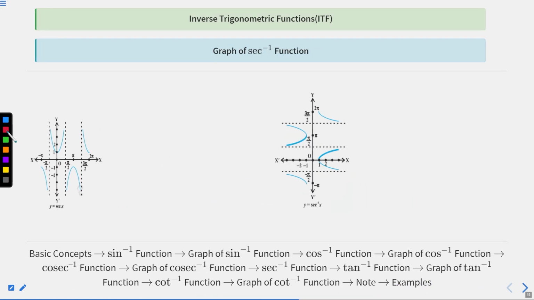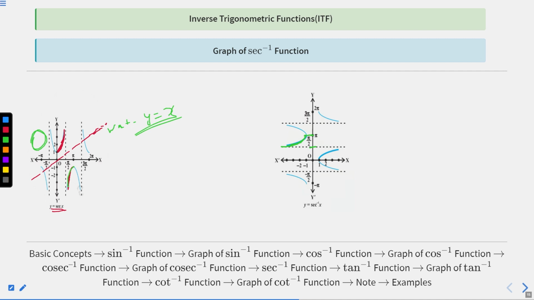So this is the one-one and onto part of the sec x function. To find the inverse, just take the mirror image with respect to the line y equals x. You will get this, somewhere here. At pi you will get this, and it is going near pi by 2. As you can see, this point is pi by 2, so this is getting closer to pi by 2.